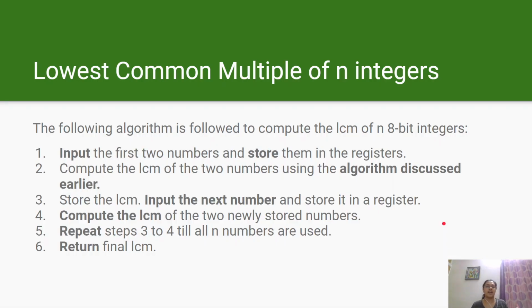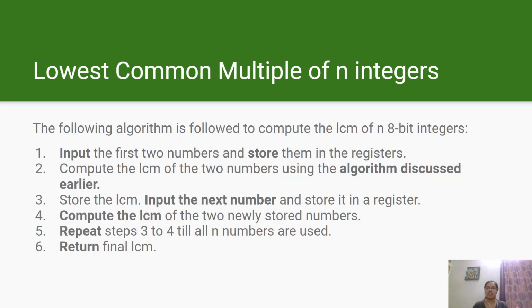Now we will discuss how we can compute the LCM of n integers. This is the same method as how we extended the HCF of 2 integers to HCF of n integers. Now we'll extend the LCM of 2 integers to LCM of n integers. First, we take the LCM of 2 integers, and then we take the LCM of the third integer along with the LCM that was just calculated.